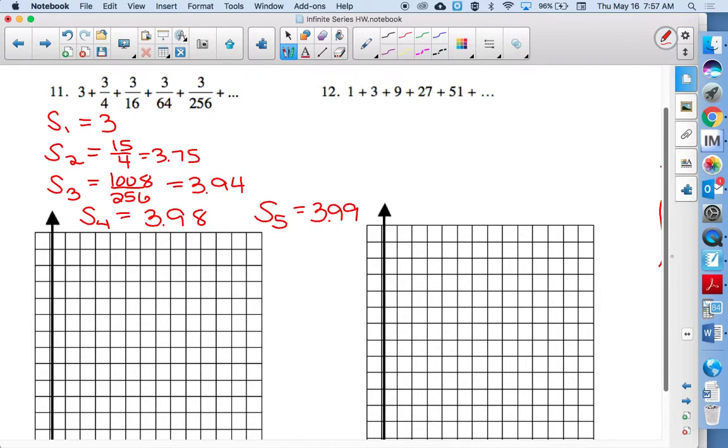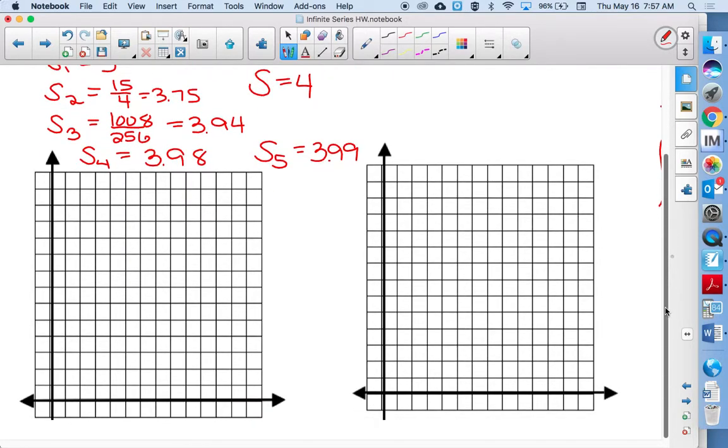So by looking at those numbers, Maddie, you can see that they're getting closer and closer to 4. So the partial sums would be getting closer to 4, therefore the sum is going to be 4. And that's by using the partial sums, because they have a limit, they're reaching that same number. So looking at the graph, I'm going to just count by 2's here, make it a little more spaced out, to get the points separated a little more.